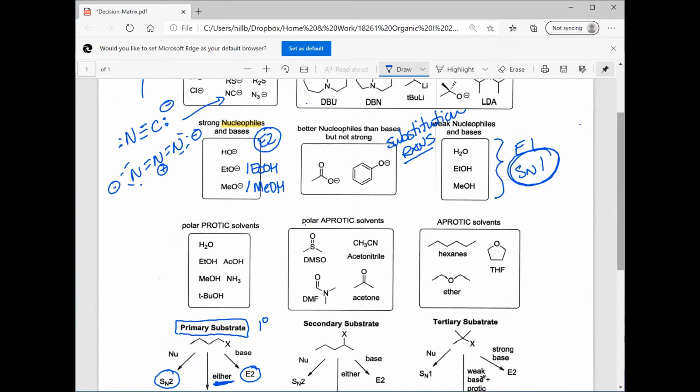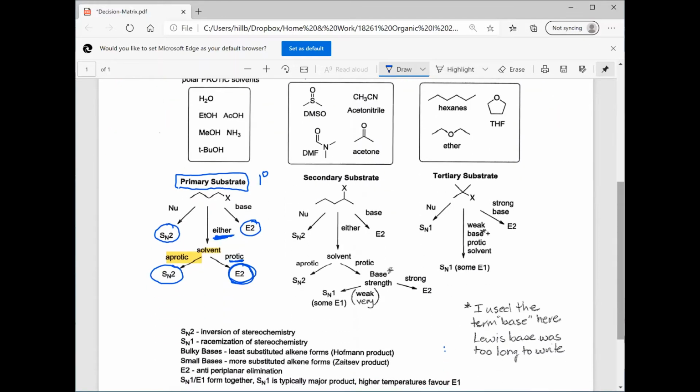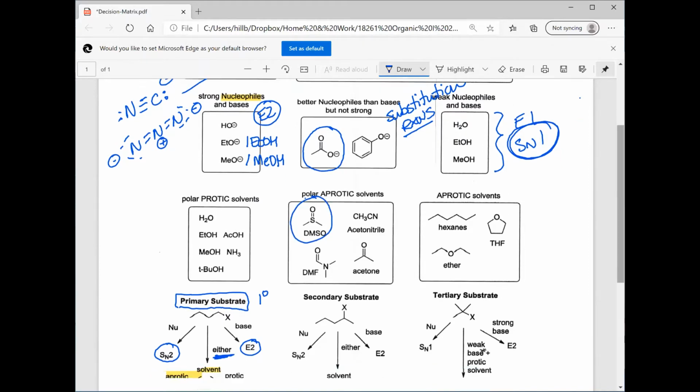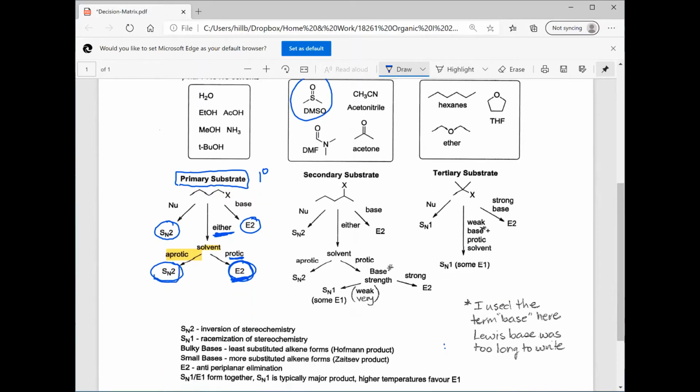So if it's ethoxide or methoxide in methanol, then these are going to be E2 type elimination reactions. If it's, say, the carboxylate anion in DMSO, then this would be an SN2 reaction.